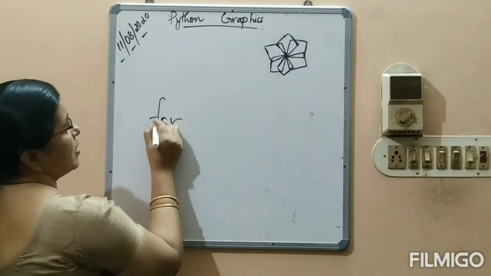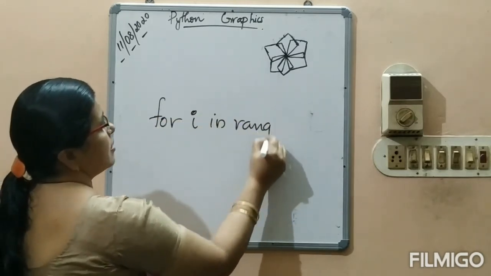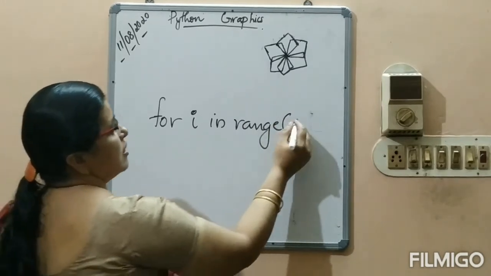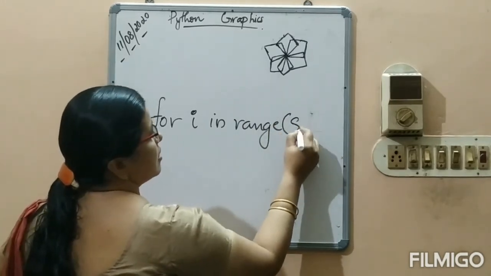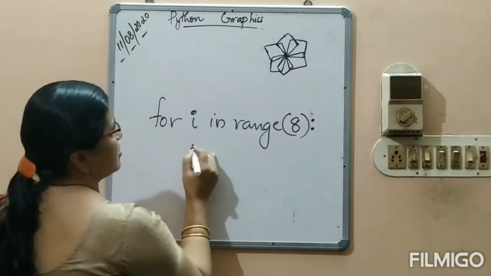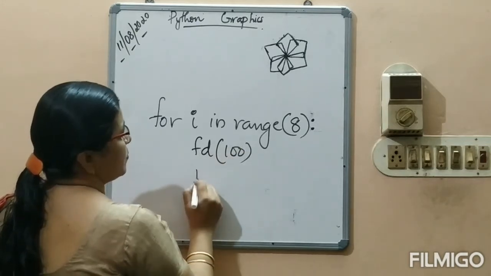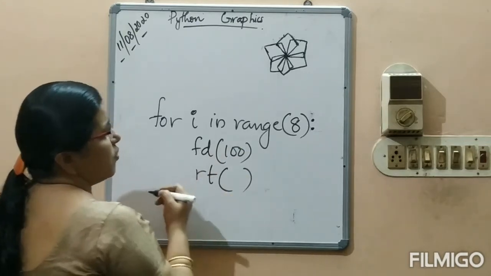For i in range 8, FD 100, RT. What will be the RT?